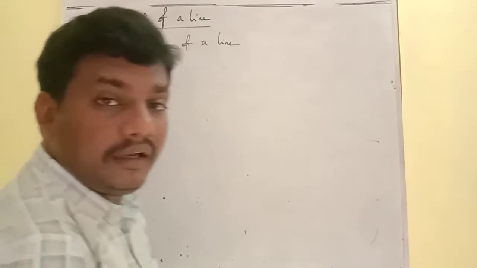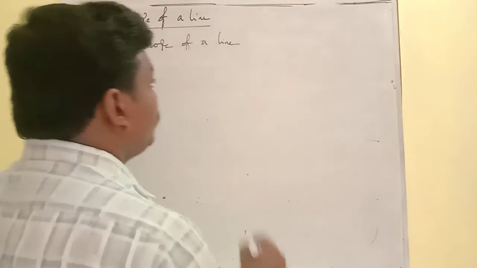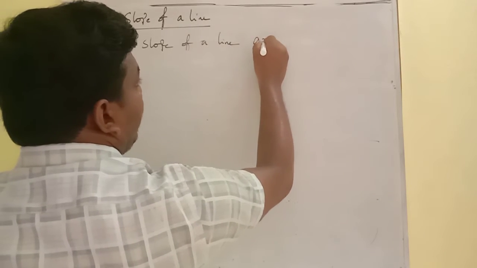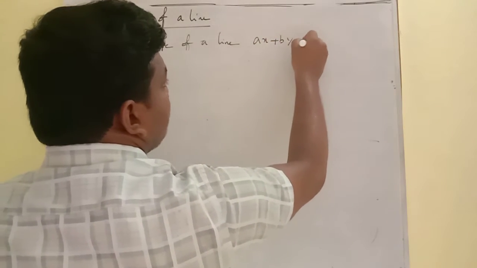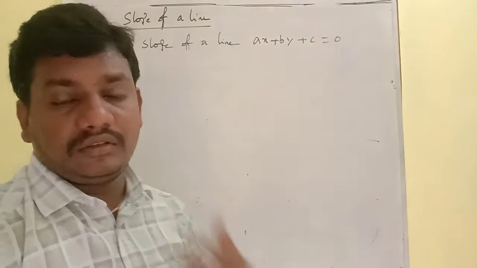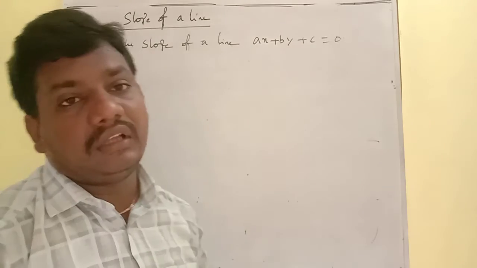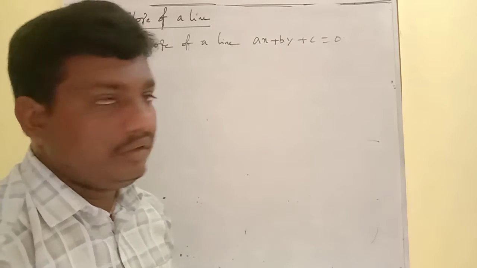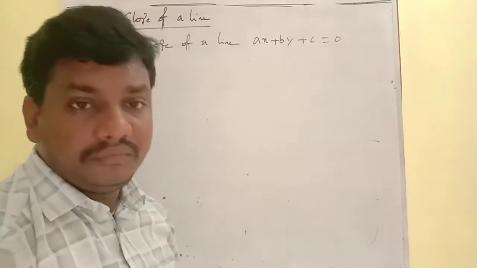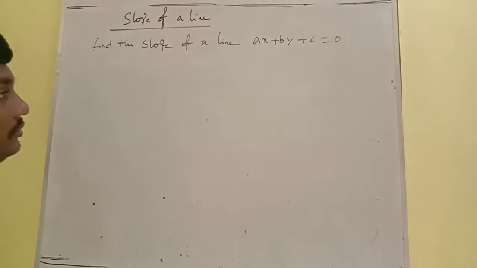Now find the slope of a line if the line is in general form. Suppose the line is ax plus by plus c is equal to 0. This is called the general form of the line. When the given line is in general form, how do we find the slope?